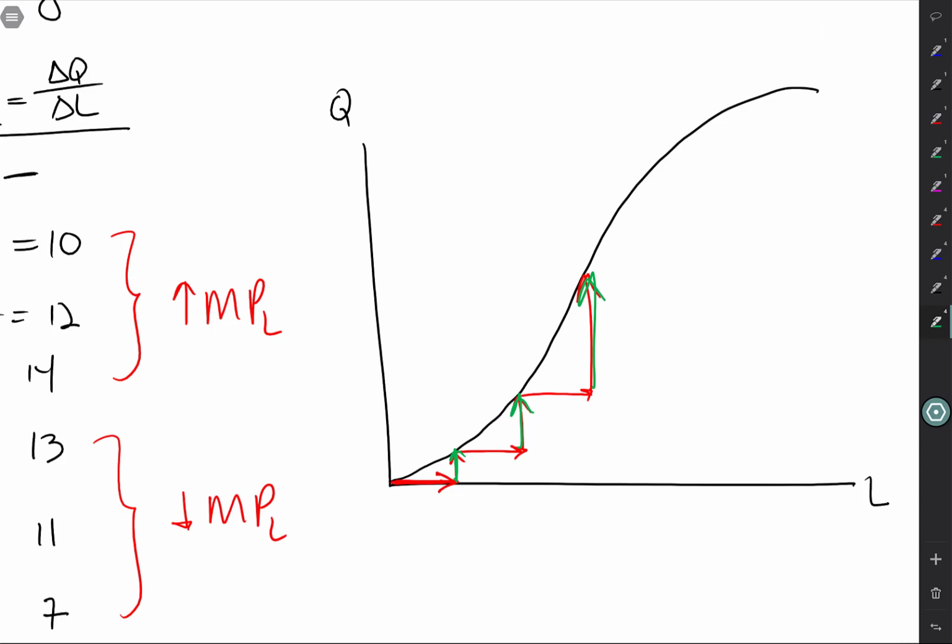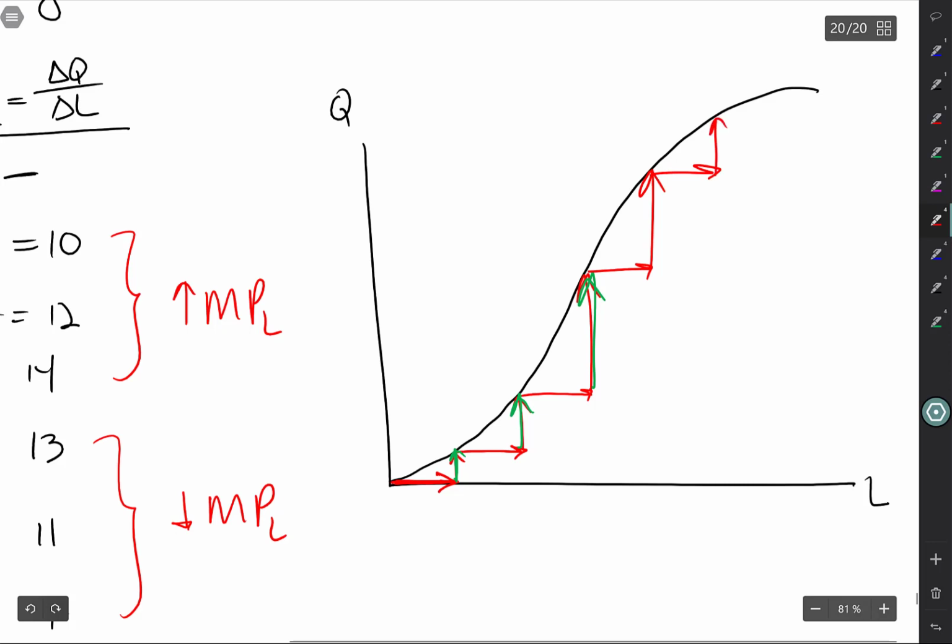You're getting more and more output per unit of input. But eventually, that effect starts to diminish. My marginal product starts to decrease, so that vertical arrow starts to get smaller. In our particular plot, between here and here, we have our increasing marginal product of labor.